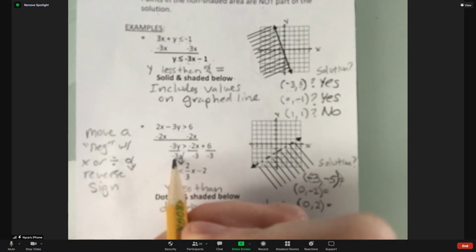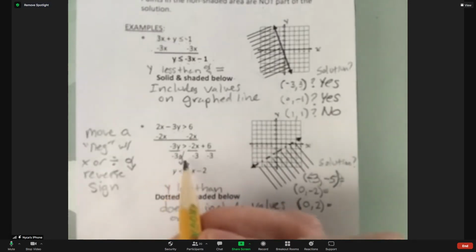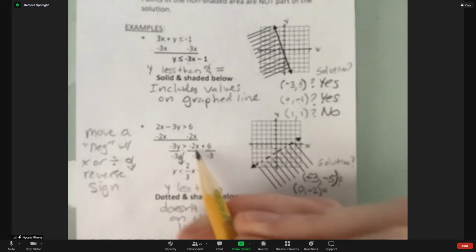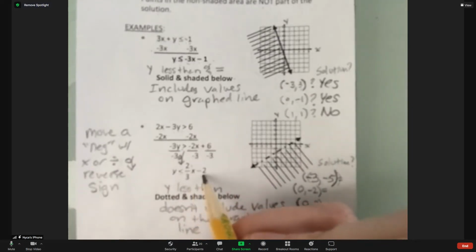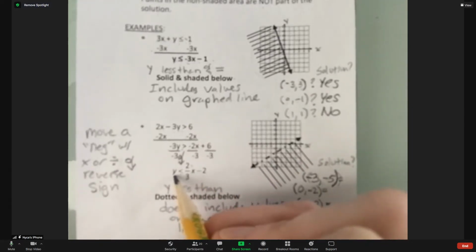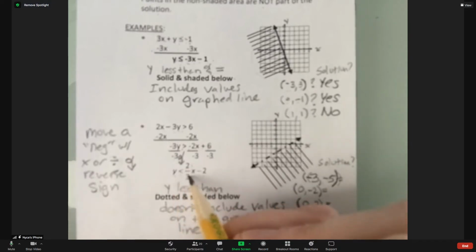Remember, if you have to break from the y and you see that negative number, that is when you want to reverse your symbol. So since it's greater than, I'm reversing it to less than. Now you divide everything else by -3 and simplify. So your final inequality is y is less than 2/3 x minus 2.